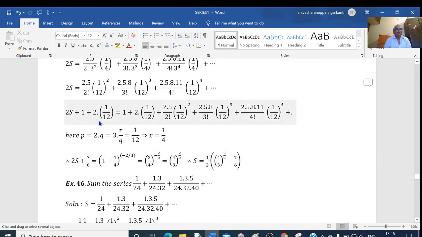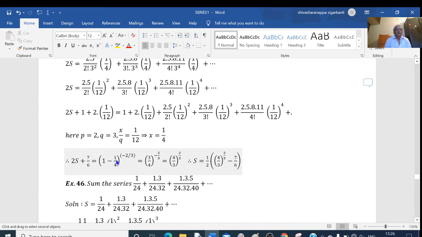And on the left hand side we have 1 plus 1 by 6. If I take the LCM 6 here, 6 plus 1, that is 7 by 6 I am getting. 2s plus 7 by 6 equal to 1 minus 1 by 4 to the power of minus 2 by 3.